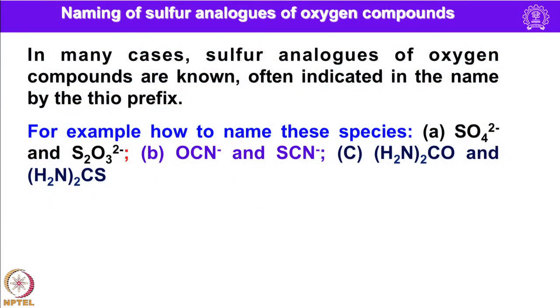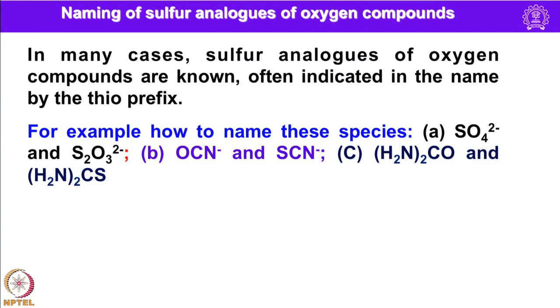Okay. So, one more thing is one should be familiar with the naming we use for sulfur analogues of oxygen compounds. In many cases, sulfur analogues of oxygen compounds are known, often indicated in the name by a prefix called thio. For example, SO4 2 minus, and if you replace one of the O with S, it becomes S2O3 2 minus, thiosulfate.